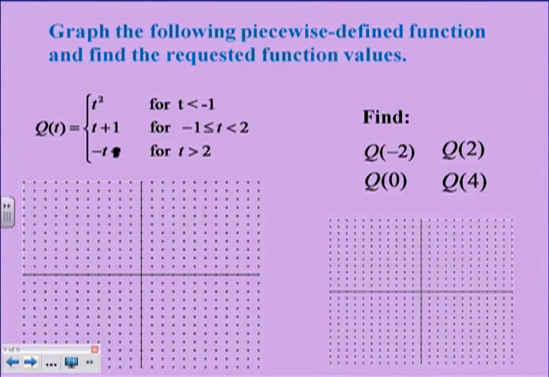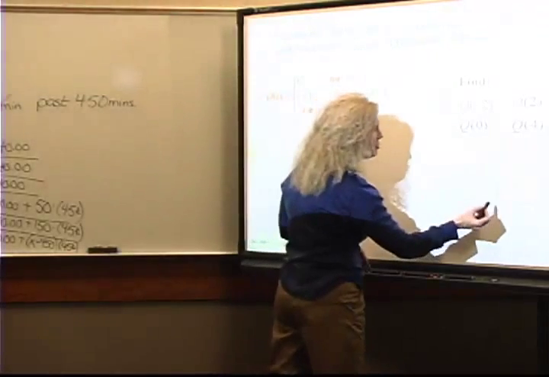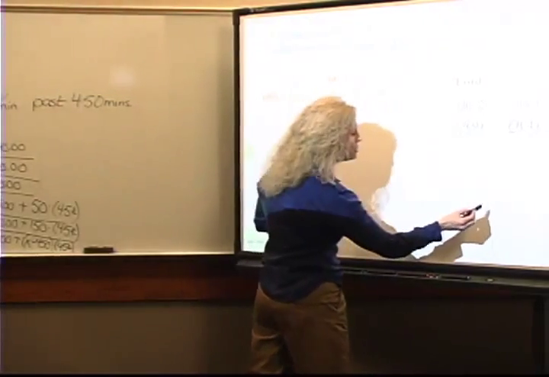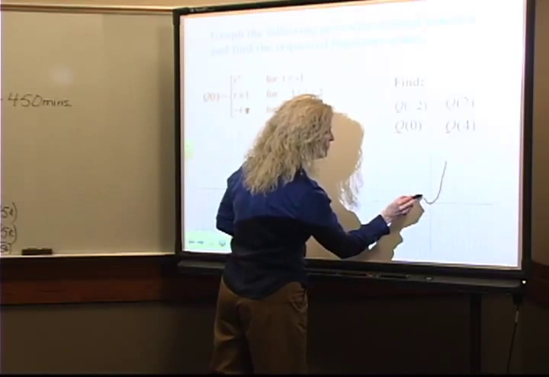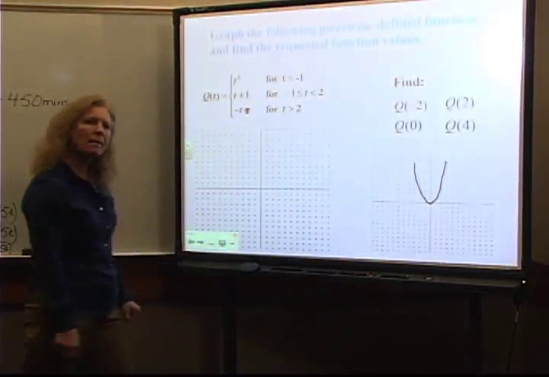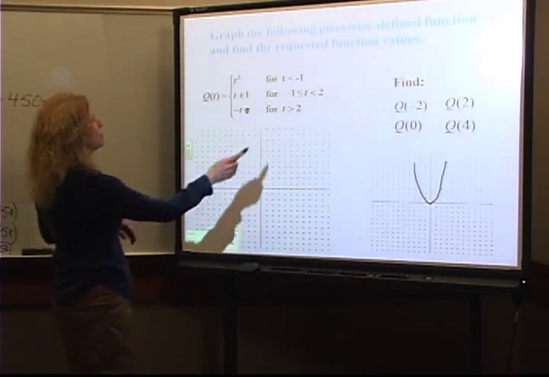So let's start. What will y equals t squared look like? And remember, it's kind of nice to have this extra little part here. Y equals t squared is going to be my favorite little parabola guy. Right? Now, where am I supposed to cut him? Look right here.